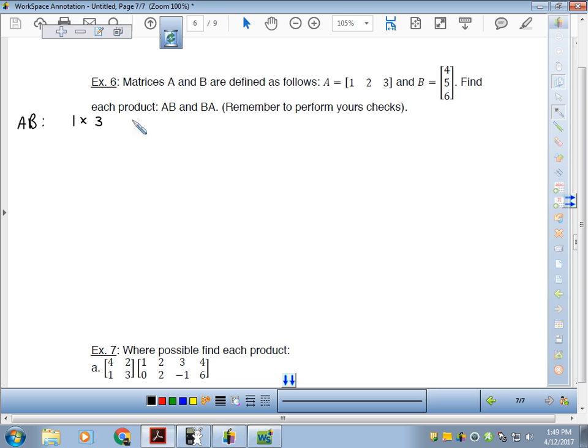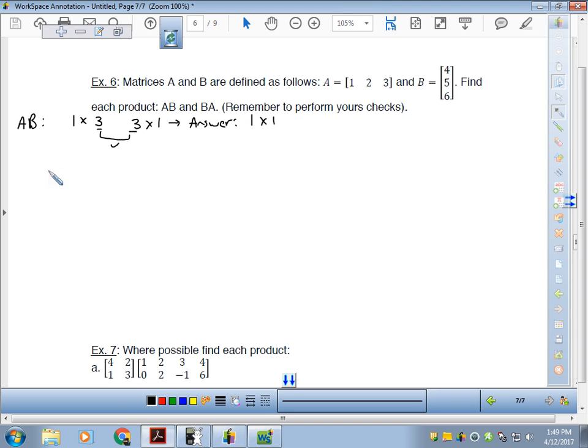B has 3 rows and 1 column. So check these numbers, see are they equal? Yeah, they're the same. So that tells us our answer is going to have these numbers as its size, so our answer is going to be a 1 by 1.